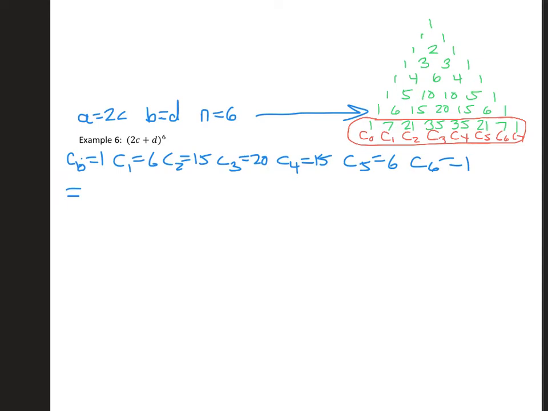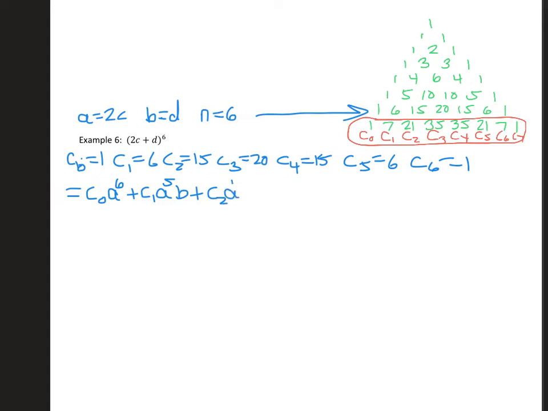So if I were to expand this, again, we're going to start out with C sub 0 times our first term, a, raised to the highest power, so that's going to be 6, times the b term raised to 0, which reduces to 1. C sub 1, a is going to step down while b comes in.